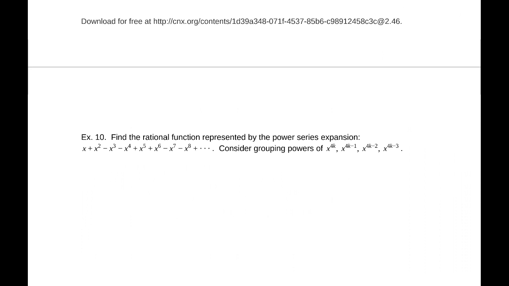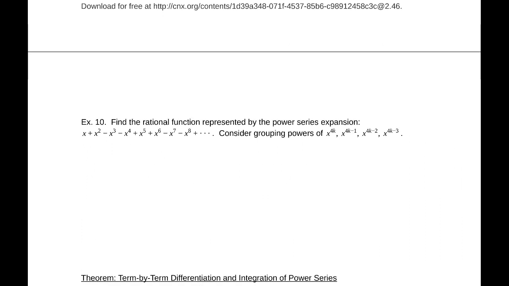All right, number 10, I'm going to go in reverse. Here I have an infinite series and I want to find a rational function from this. So I'm going to do a little bit of infinite factoring. I'm going to group these terms here by powers of 4 minus 1, 4 minus 2, and 4 minus 3.